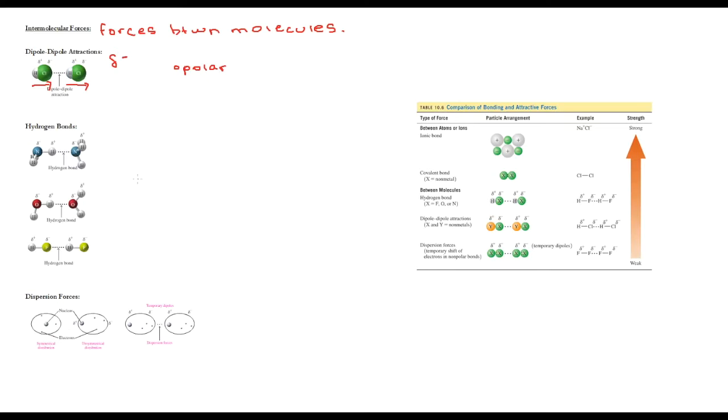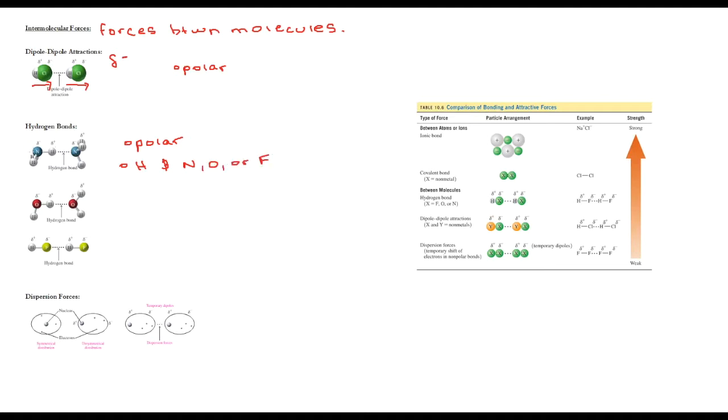The next type of intermolecular force is hydrogen bonding. Notice this looks a lot like dipole-dipole attractions. However, there's one major difference, and the major difference is hydrogen. In order to have hydrogen bonding, yes, your compound needs to be polar, but then also you need to have a hydrogen right here, and you either need to have nitrogen, oxygen, or fluorine.